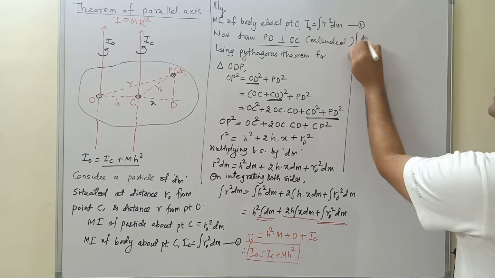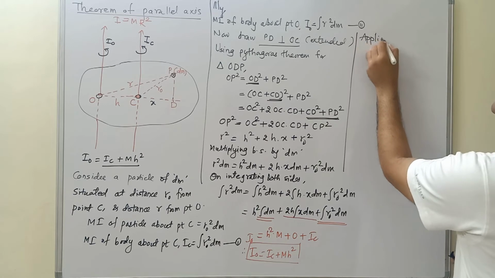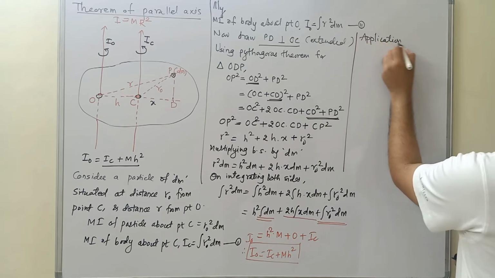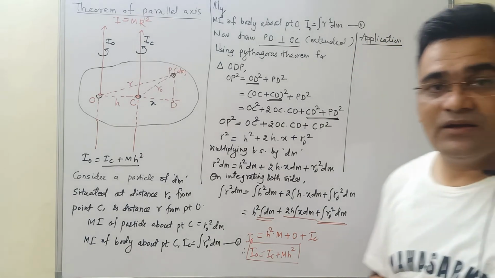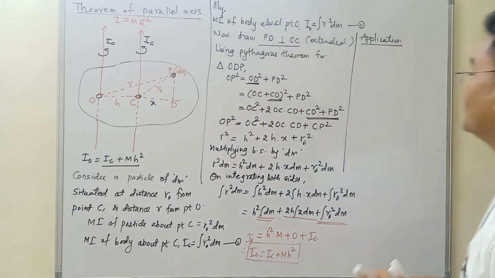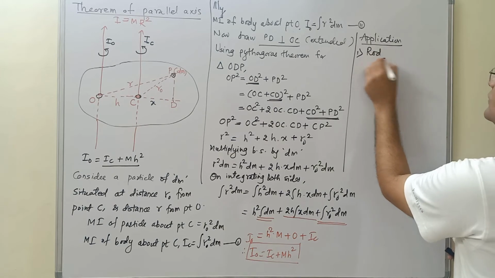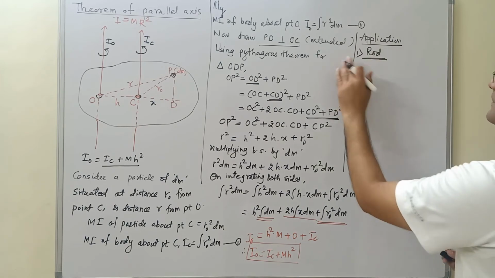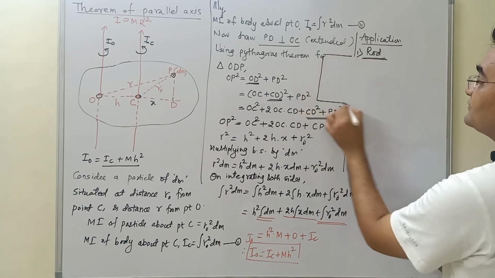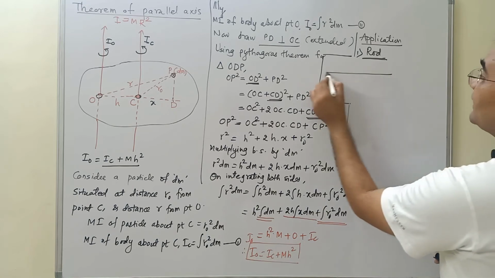We are going to learn the application of the parallel axis theorem, where it can be applied. To apply it, say first we have a thin uniform rod like this.